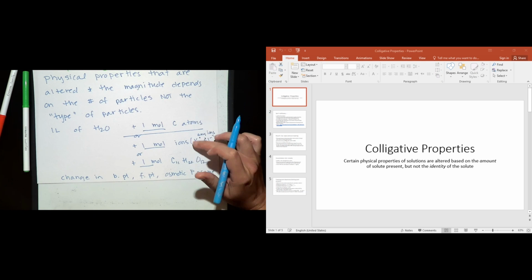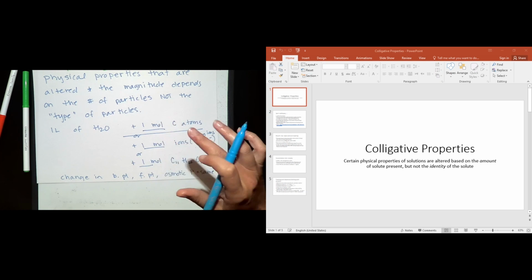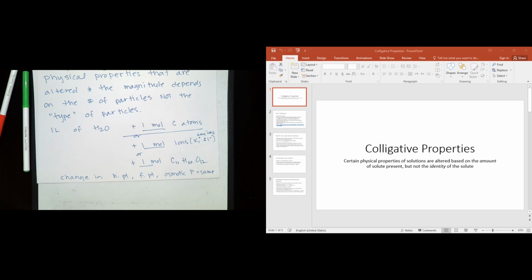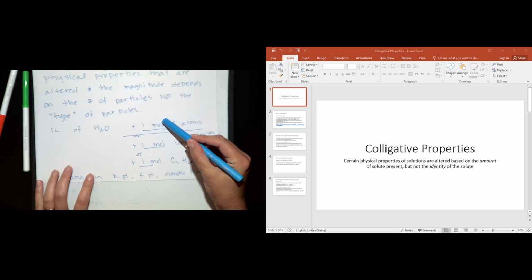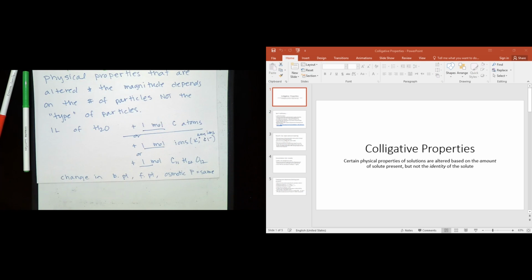The freezing point of all of these solutions will be the same because of the amount. Now, technically, there might be a little issue if a mole isn't totally soluble in 1 liter. It should be, but if something funky is going on. But in general, the same amount of particles gives the same change to all those colligative properties.